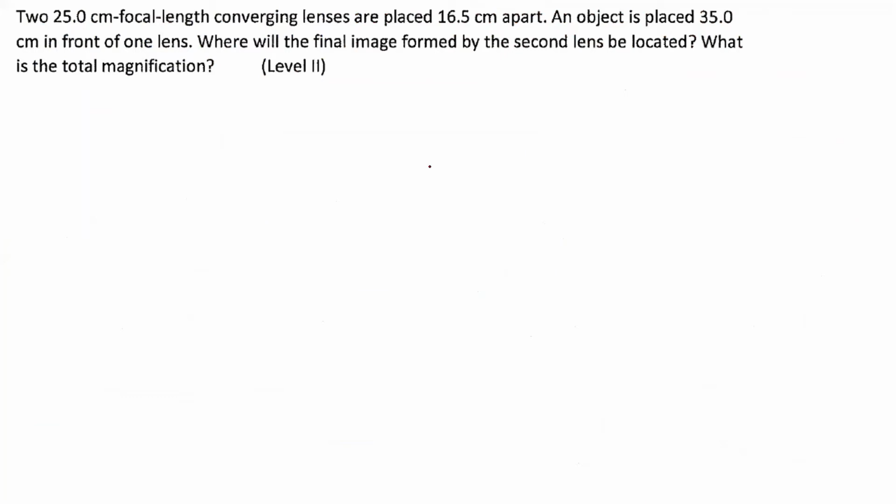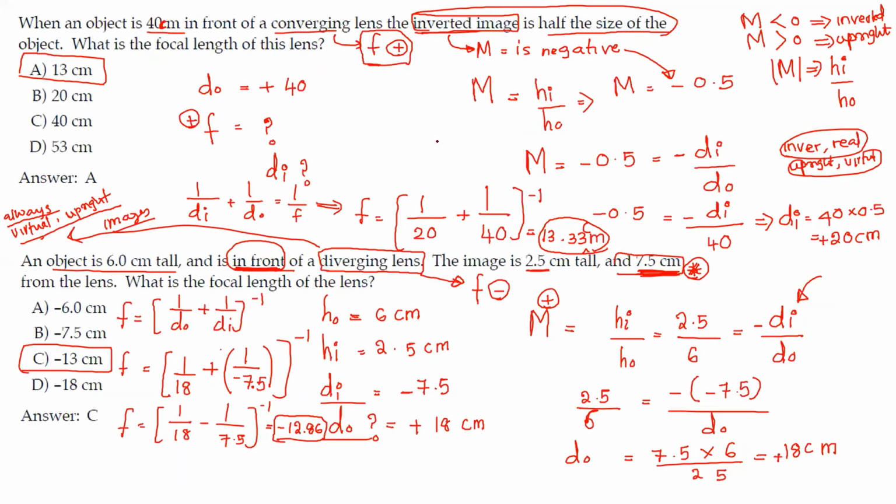So here is a problem where there is a combination of lenses. That means you have 2 lenses back to back, one after the other. I'm asked to go back for a second, so I'll go back for a second. Tell me when you're done with this slide.